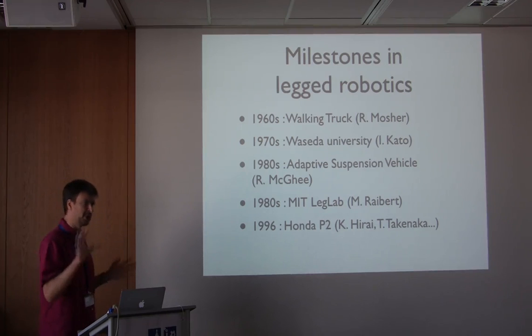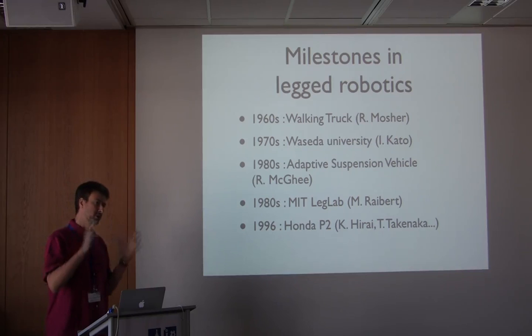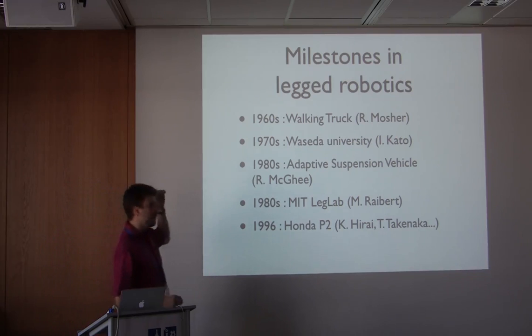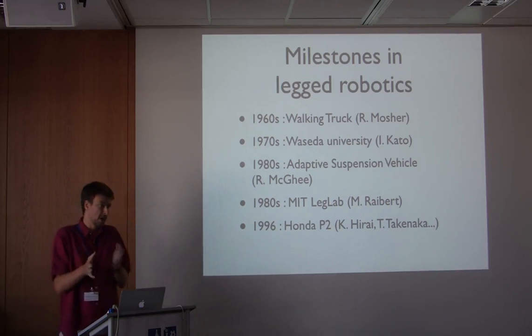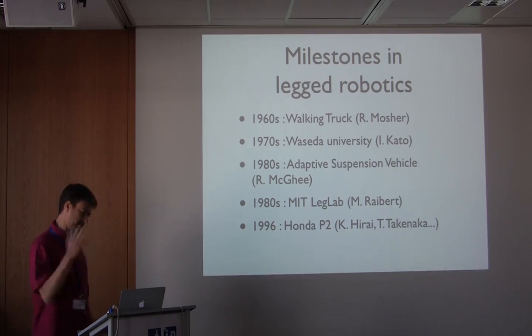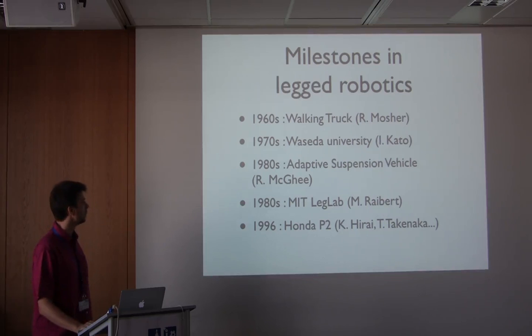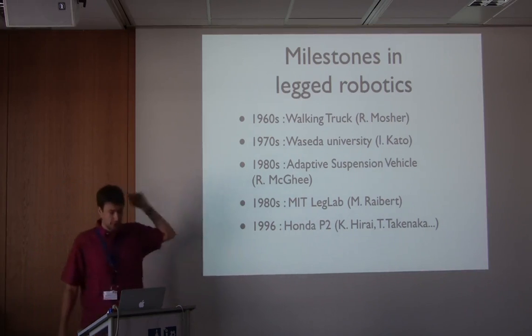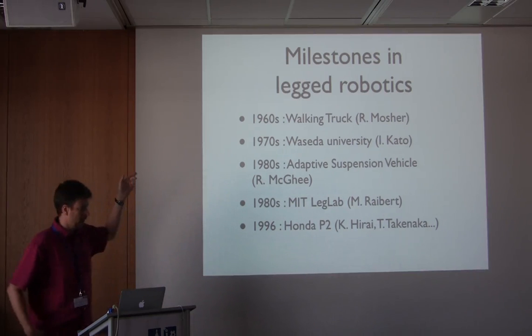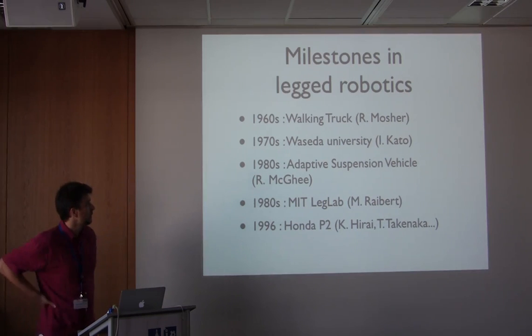So I'm going to show you a few videos so that you see what was the progress 50 years ago, 30 years ago, 15 years ago, and then you can see where we are now with this long-term view. So in the 60s, it was quite impressive. I'll show you the video, work done in the US by Ralph Mosher.